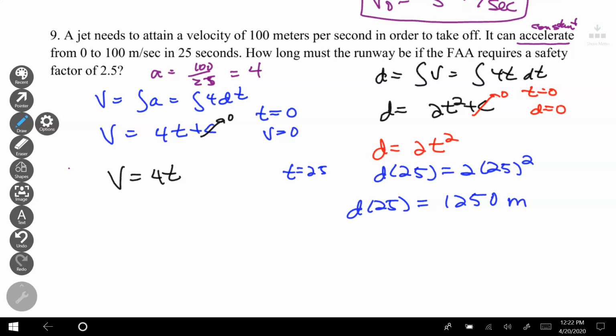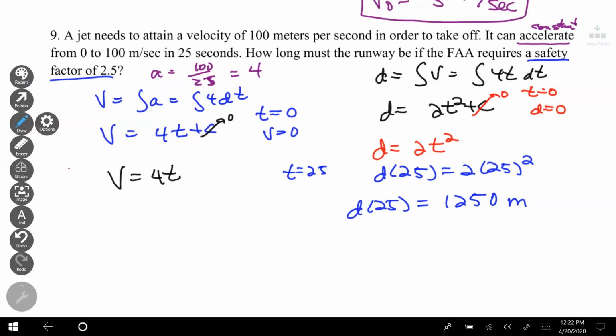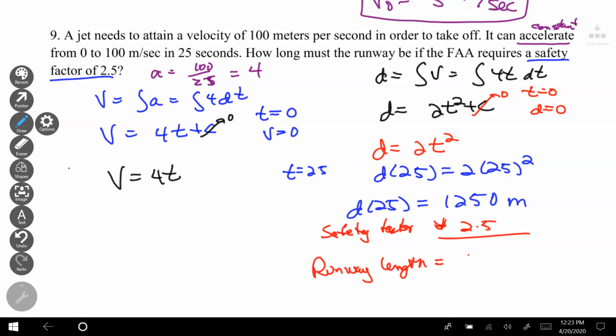But then I want a safety factor of 2.5. For the safety factor, I'm going to multiply this by 2.5. So the runway length is equal to 3,125 meters. That is the length of the runway.